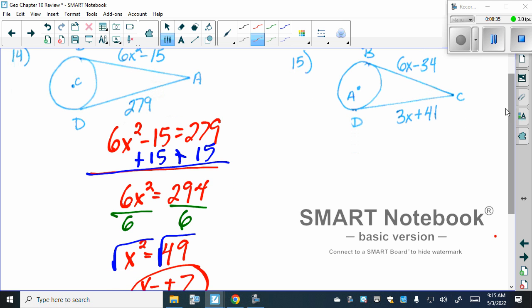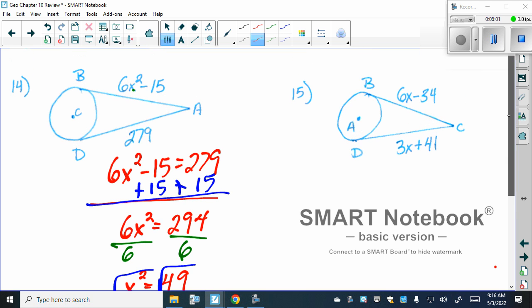Let me check. Now, not on all, they don't all need it. The reason that this one needs it is if we look back at the original problem, what do we have? 6x squared. So if I plugged a negative 7 into the x squared, or times it by itself, it would make it back positive. The positive 7 is still positive, so it works, yes?